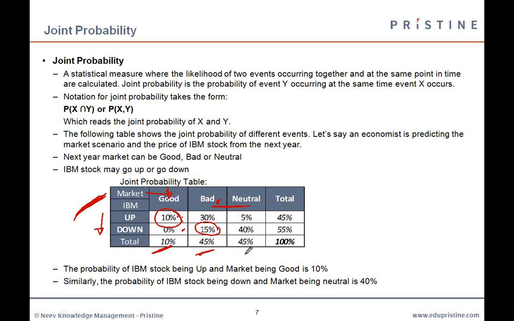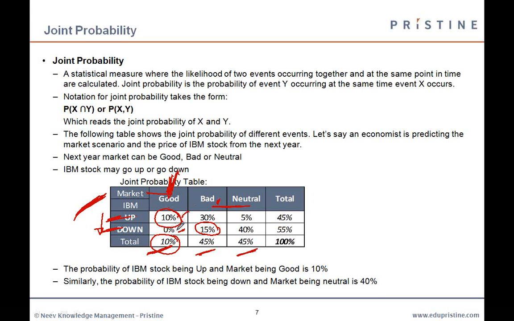If you see this row-wise or column-wise sum, this 10% is nothing but the sum of this and this. So this 10% is nothing but unconditional probability, that is, the unconditional probability of the market being good, because I've taken away the other condition regarding IBM. So irrespective of whether the IBM stock is up or down tomorrow, I just want to know the probability of the market being good tomorrow.